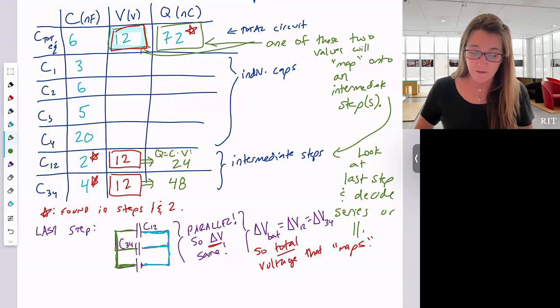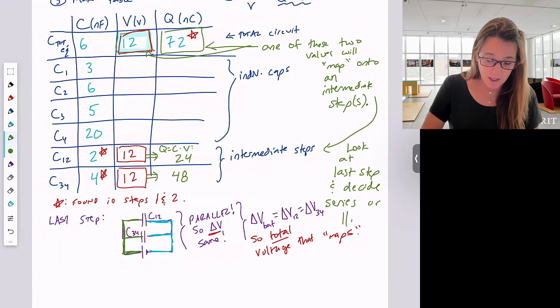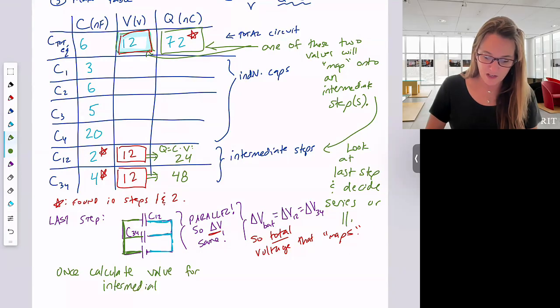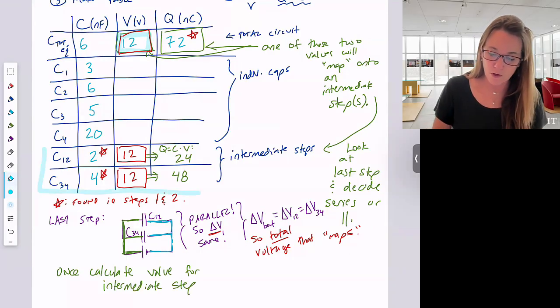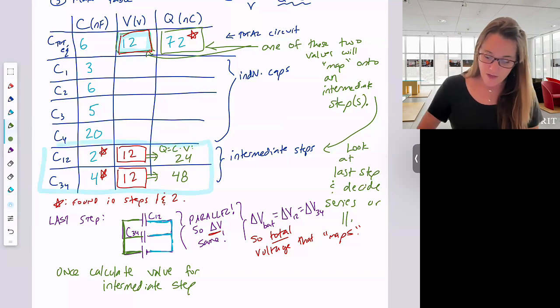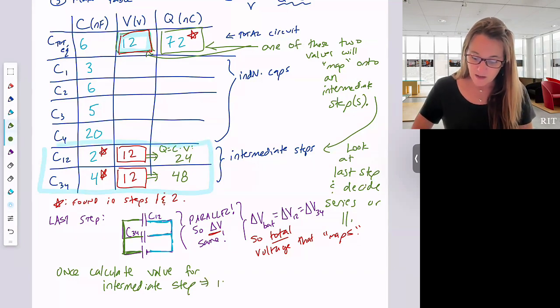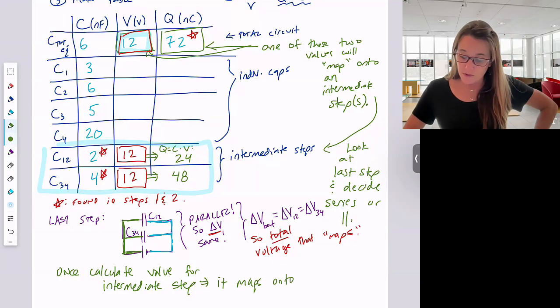Once you calculate a value for an intermediate step down in these bottom rows, that means that the value you calculated maps onto something else.